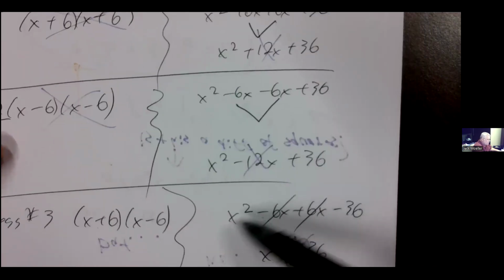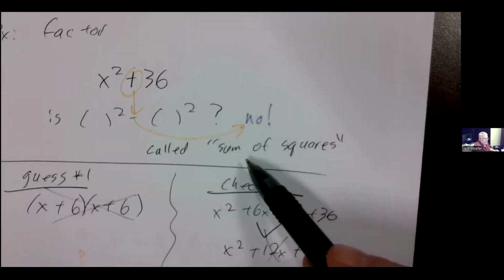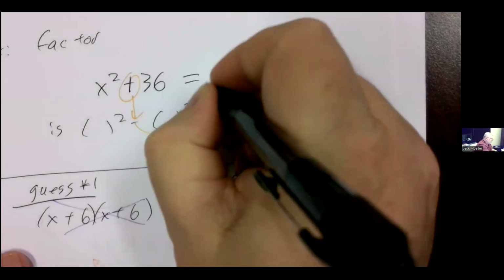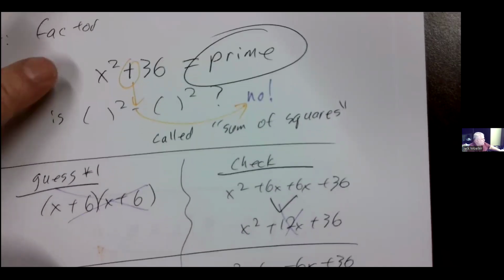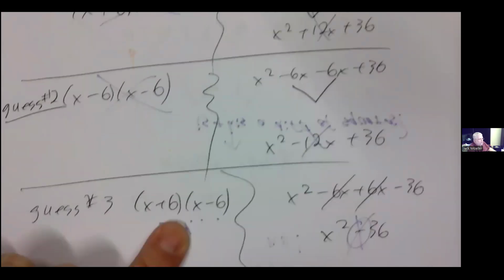But once you make the signs different, then you're getting a difference of squares, not a sum of squares. So the sum of squares does not factor. This is the one place I would give you a prime factoring problem, is a sum of squares. You've got to know that there's a big difference between sum of squares versus difference of squares.